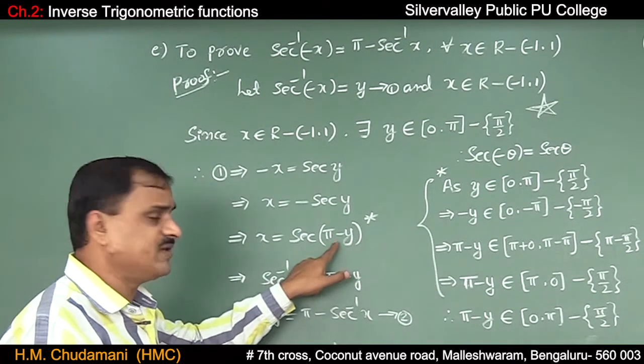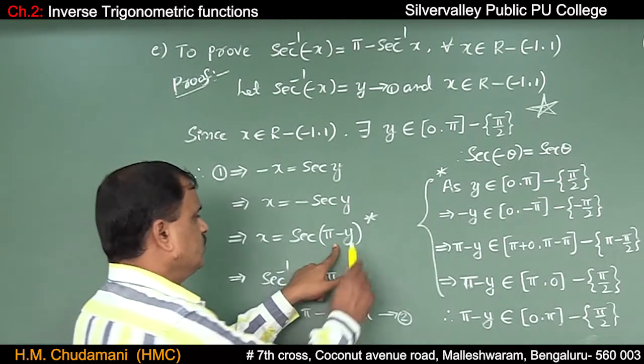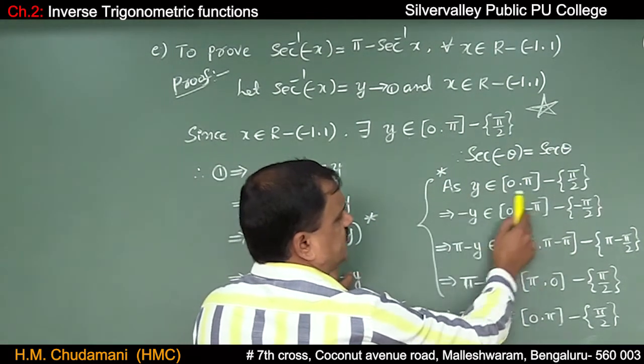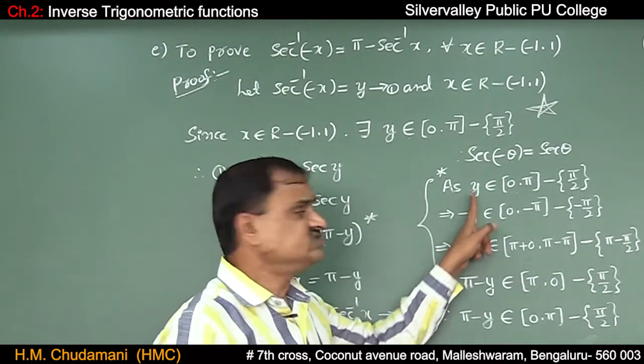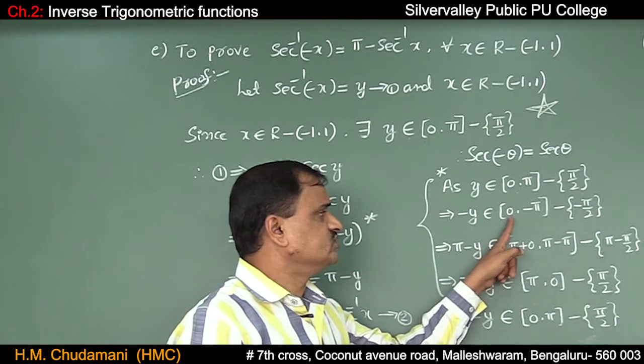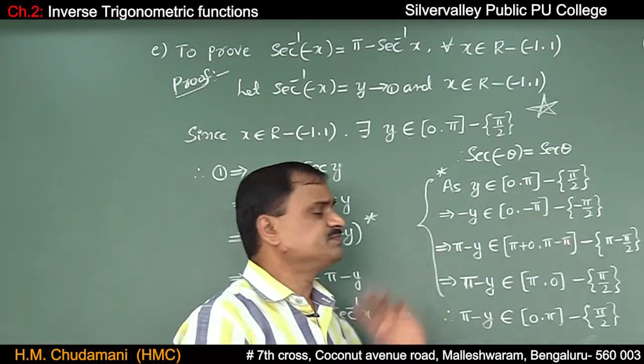Let us verify whether pi minus y belongs to 0 comma pi or not. So y belongs to the interval 0 comma pi except pi by 2. Multiply with minus: minus y belongs to 0 comma minus pi except minus pi by 2.